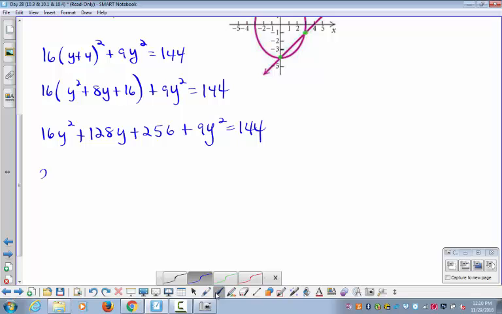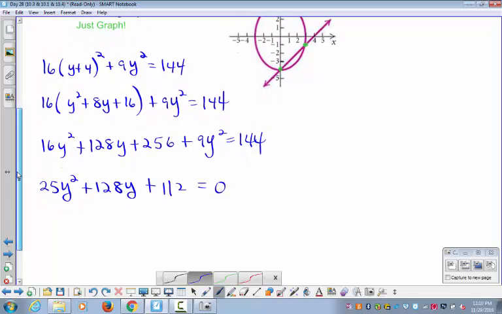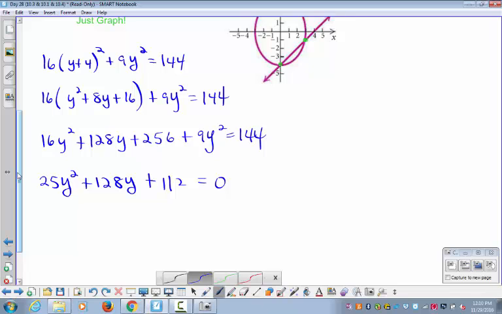So 25y squared plus 128y plus 112. Okay, now I know why. So just grab it. We have that. Looking at the graph, I would suspect that y equals -4 is the solution.